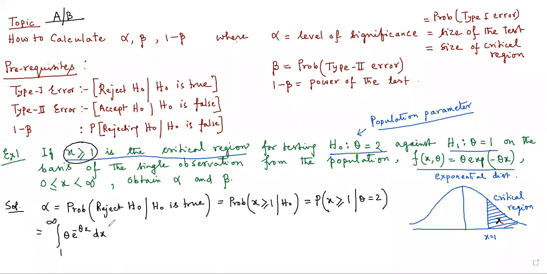But under the condition that the null hypothesis is true, we are going to substitute theta equal to 2 in the function itself. So your expression becomes integration from 1 to infinity of 2 into e to the power minus 2x dx. Why am I substituting 2 over here? Because we have assumed that the null hypothesis is true.